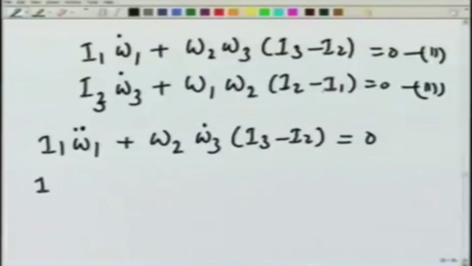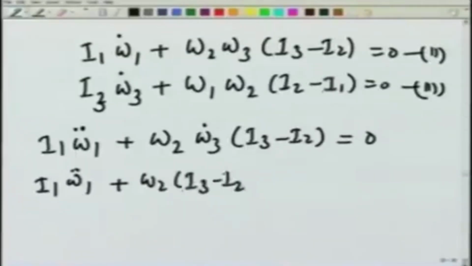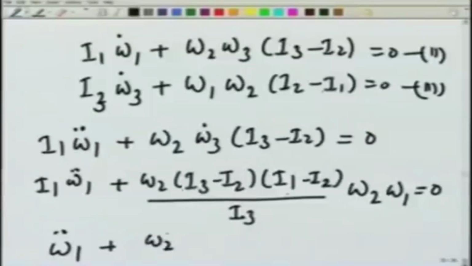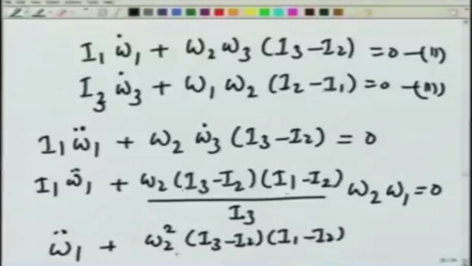Substitute for omega 3 dot to get I1 omega 1 double dot plus omega 2 (I3 minus I2) times (I1 minus I2) divided by I3 times omega 2 omega 1 is equal to 0, or omega 1 double dot plus omega 2 square (I3 minus I2)(I1 minus I2) divided by I1 I3 omega 1 is equal to 0.